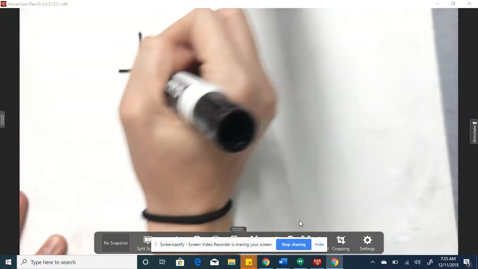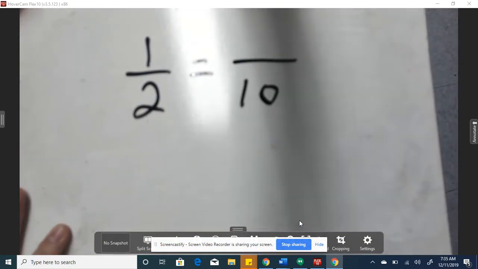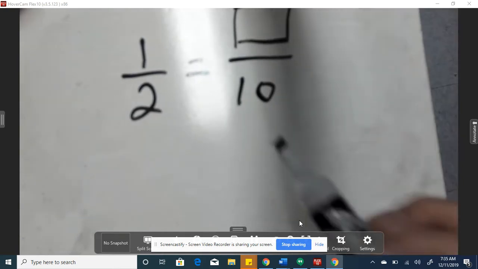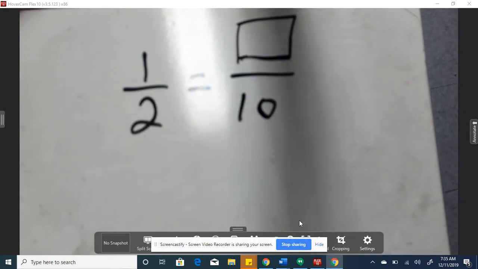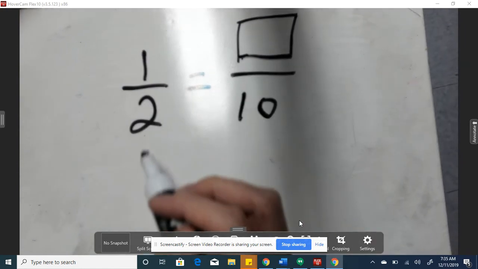Finally, we're going to do if we have a missing numerator or a missing denominator. Let's start with 1/2. If we are given 1/2 and we're given a denominator of 10, but we don't know that numerator, we have a missing numerator. What we can do is use that rule of multiplying the top and bottom to figure out what that missing numerator is.